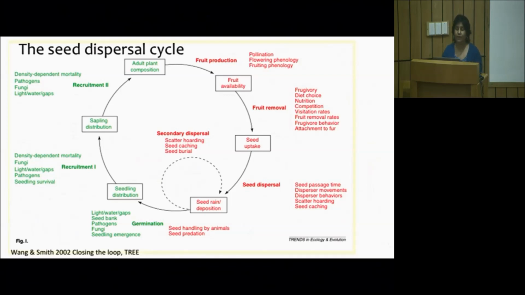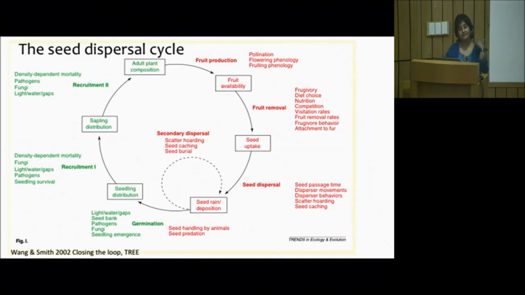In more recent times there have been long-term studies that have tried to incorporate all aspects, or at least some of the aspects. There's also been a divide between people who focused on the frugivory or animal part and people who have focused on the seedling and sapling recruitment and the plant part.